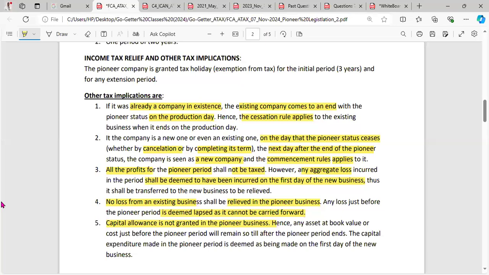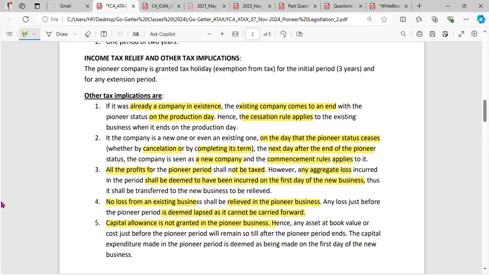And so you do not grant capital allowance. Now, any assets at book value or at cost before the pioneer period will remain so till the end of the pioneer period. So what it means here is, even though you are doing depreciation of your assets every year, you will not claim capital allowance.